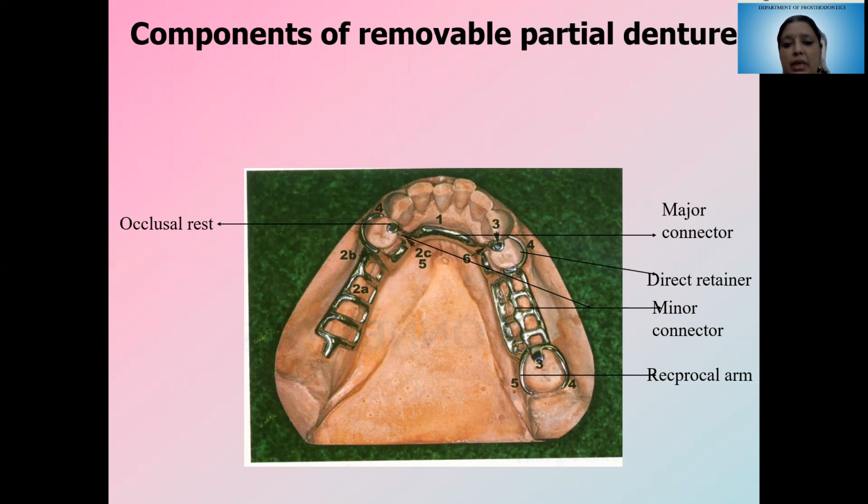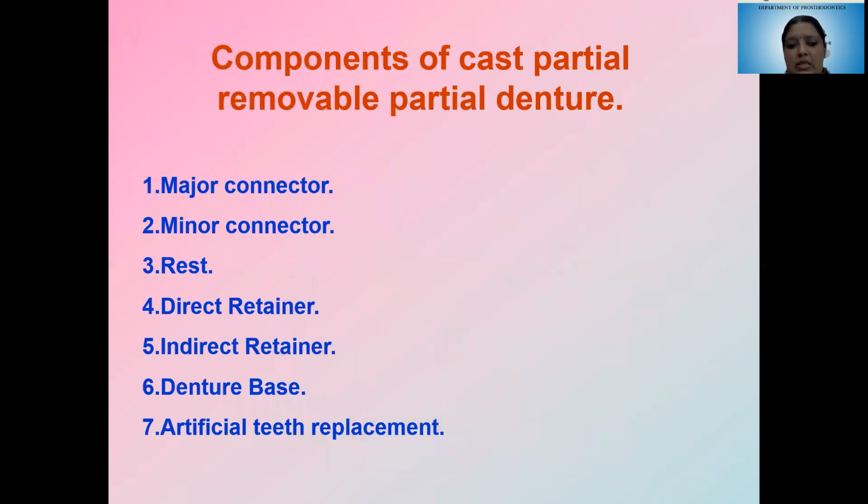The main components are the major connectors, minor connectors, rest and rest seat, direct retainer, indirect retainer, denture base, and artificial teeth. These are the basic components of a cast partial or removable partial denture.